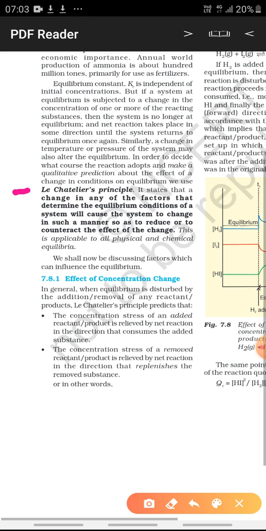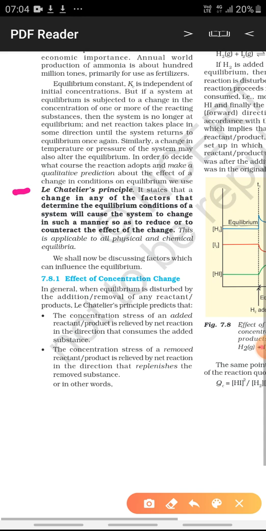Now what Le Chatelier says, the Le Chatelier principle states that change in any of the factors that determine the equilibrium condition of a system will cause the system to change in such a manner so as to reduce or counteract the effect of change. That means if we are changing any of the factors that is determining the position of the equilibrium, then the reaction will try to take itself to that direction in which the effect of change is minimized.